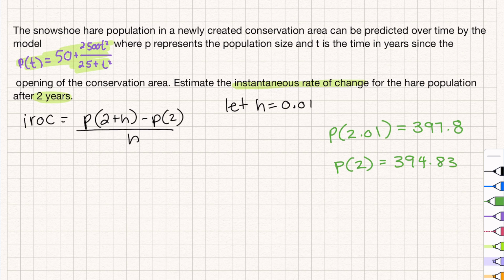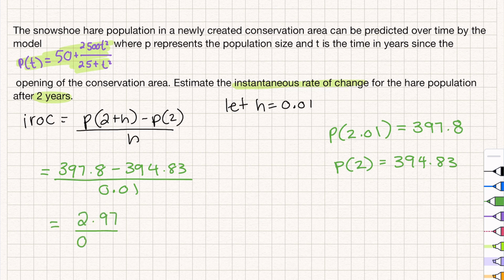So now we're going to have 397.8 minus 394.83 all over 0.01, which gives us 2.97 over 0.01, which is equal to 297.